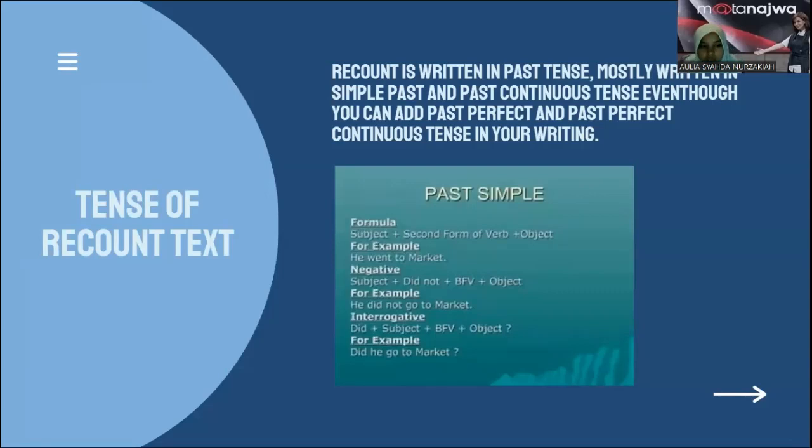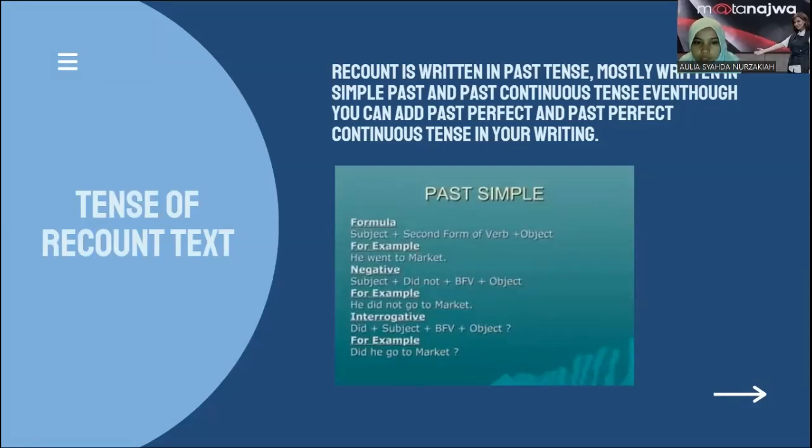And the tense that is usually used in recount text is simple past. As we know, simple past is a tense that explains past experience. The formula of simple past is subject, second form of verb, and object.